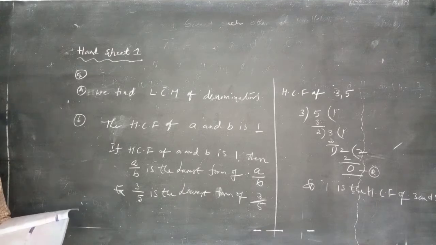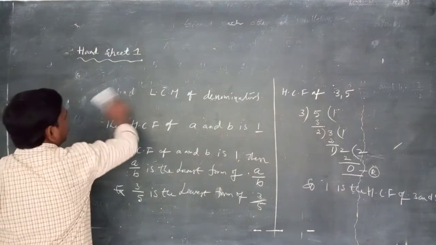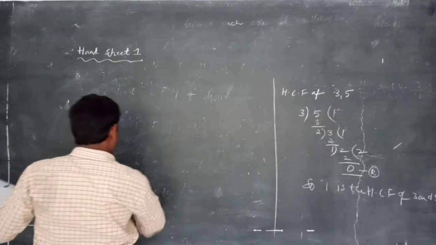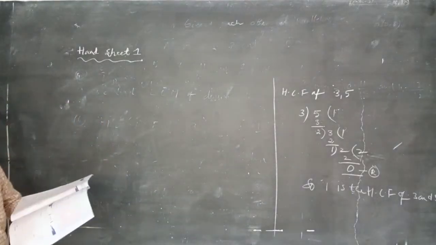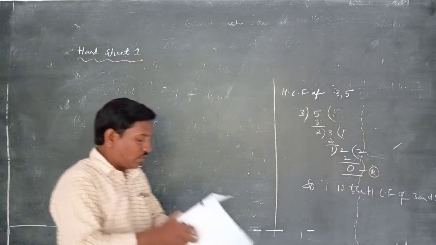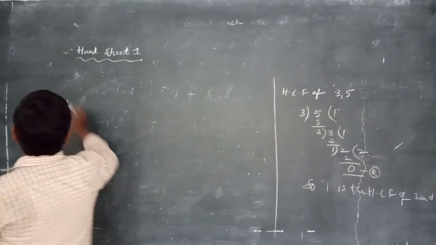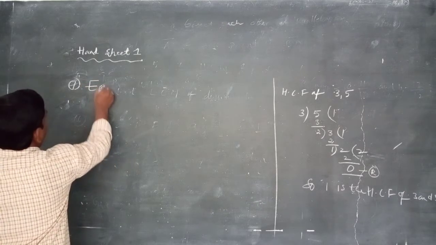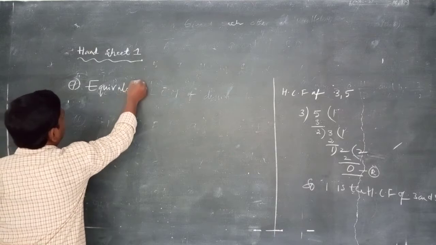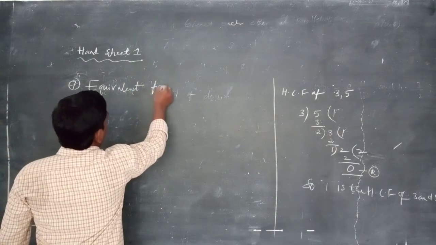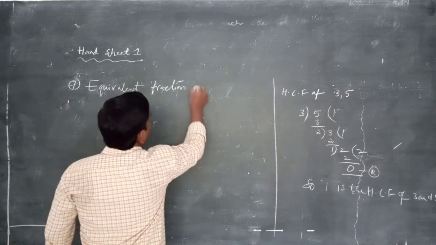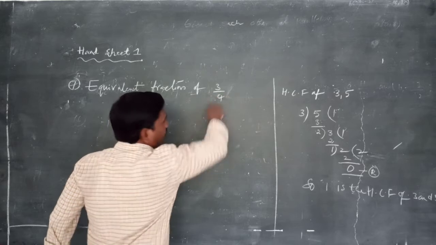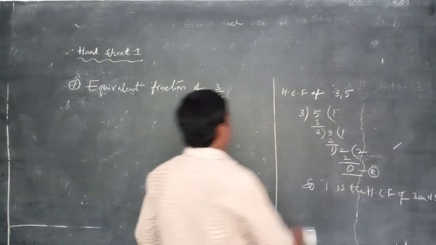Next, 7th problem. The equivalent fraction of 3 by 4.